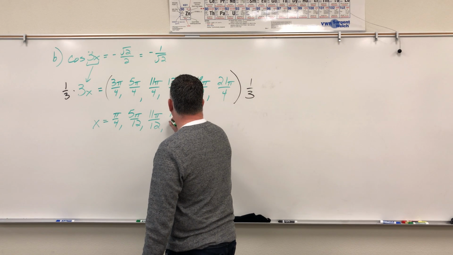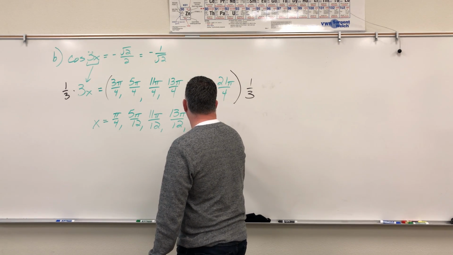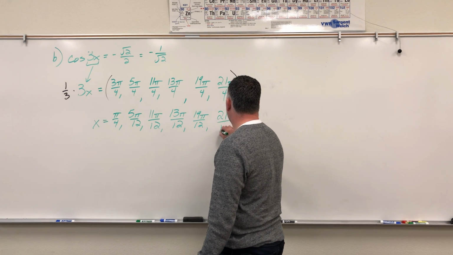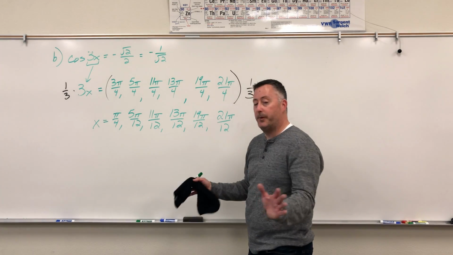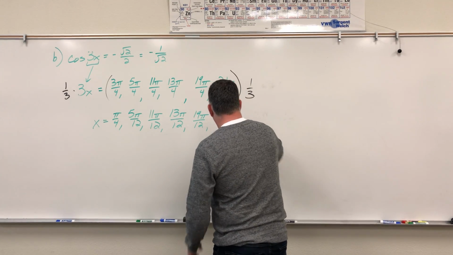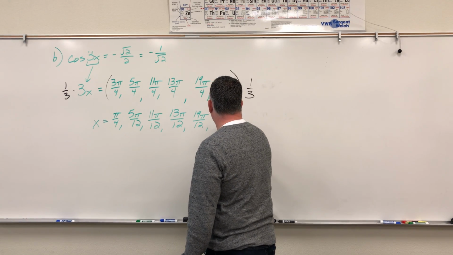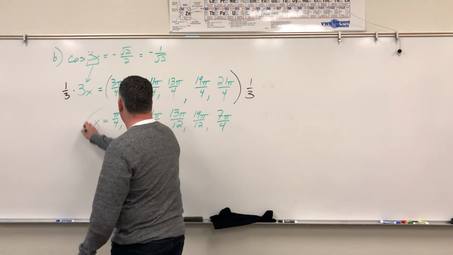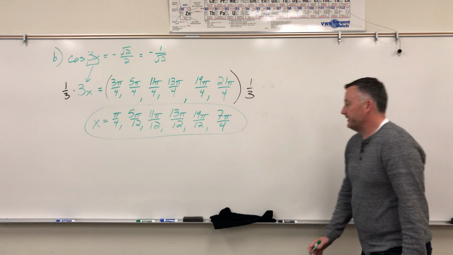And then keep going. You get to the last one, you've got 21 pi over 12. Well, oh no, that one reduces. So don't panic, just reduce it. So 7 pi over 4. So you've got all of those answers for x.